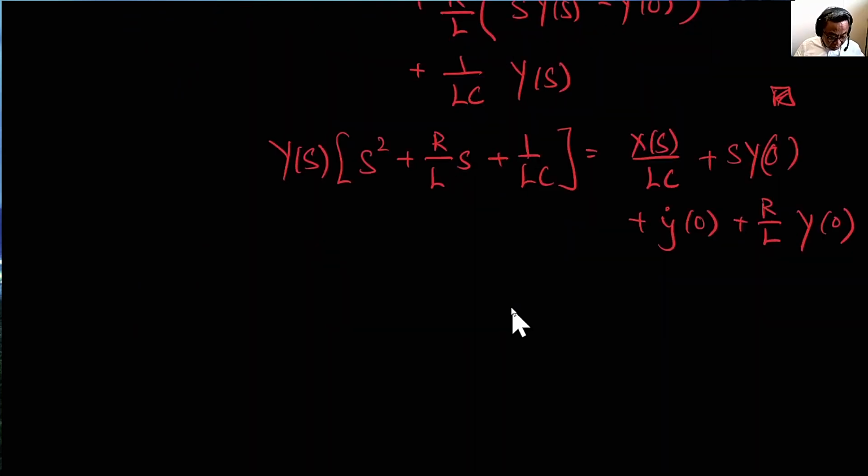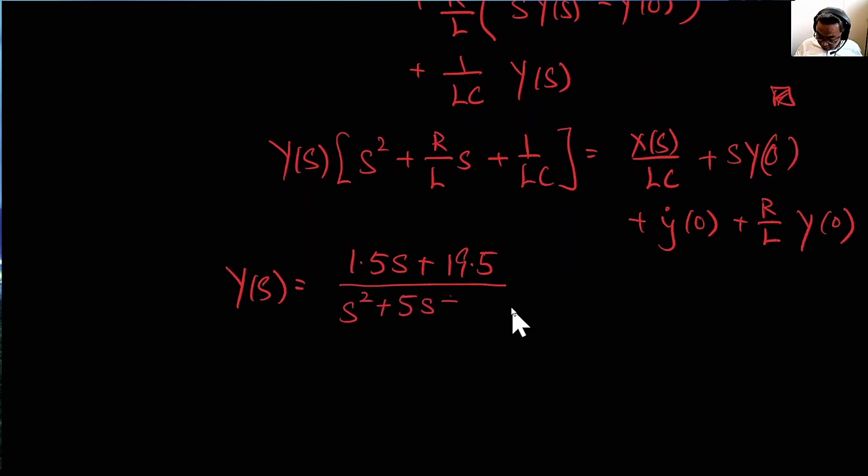Substitute the necessary values, and you can find that the answer is Y(s) equals 1.5s plus 19.5 divided by s squared plus 5s plus 6.